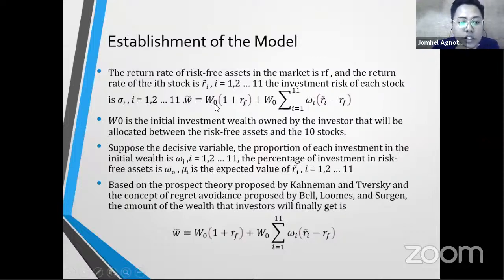W sub 0 is the initial amount that our investor invests, multiplied by 1 plus R sub F, which is what he will earn from the risk-free investment, plus W sub 0 times what he will earn from the stocks.